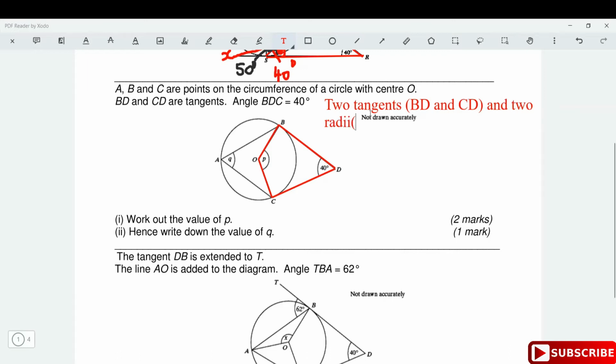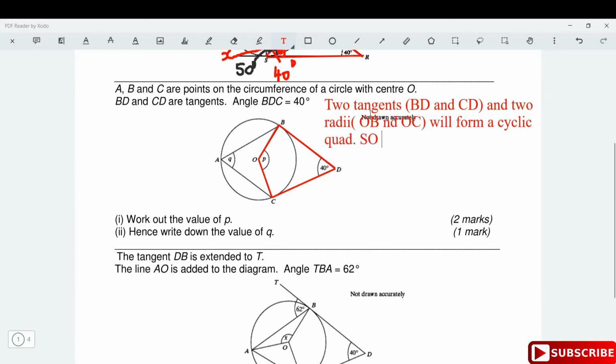In bracket, you can put OB, sorry. Radii are OB and OC. Two tangents and two radii will form a cyclic quadrilateral, cyclic quad.